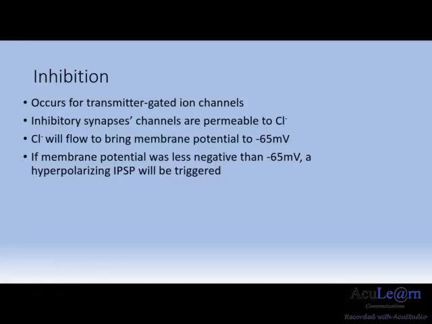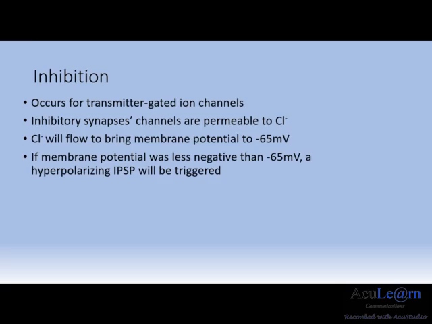In contrast to EPSPs contributing to the action potential output of a neuron, inhibition also occurs to inhibit the effects of the EPSPs through the effects of IPSPs. As mentioned earlier in the video, inhibitory synapse channels are permeable to chloride ions and they bind to GABA and glycine neurotransmitters.